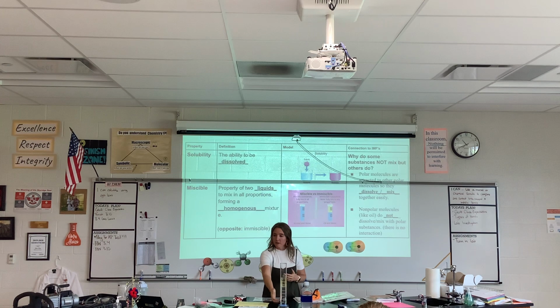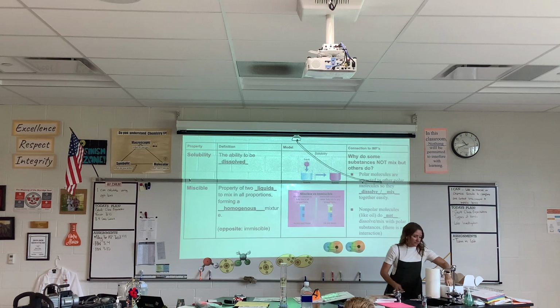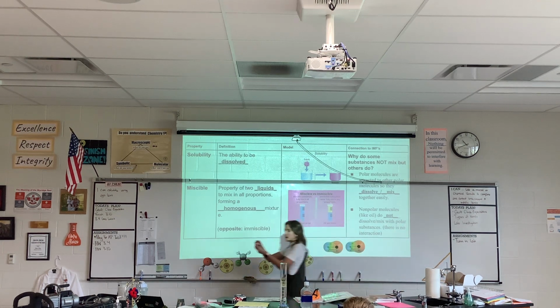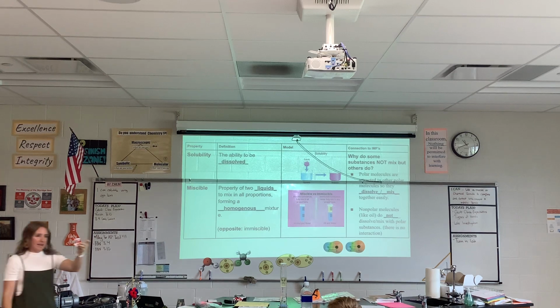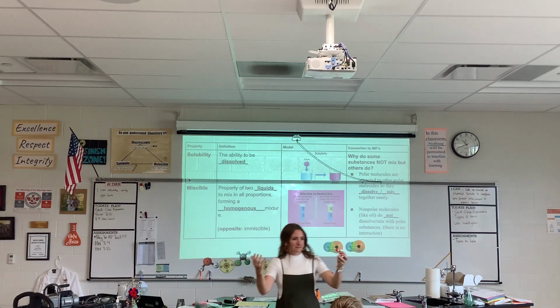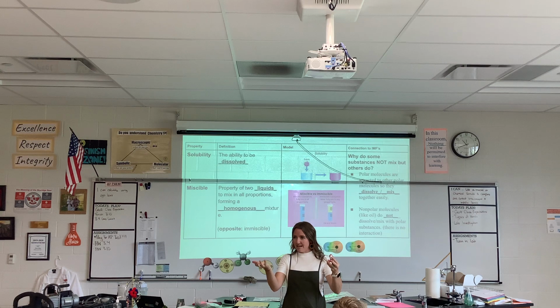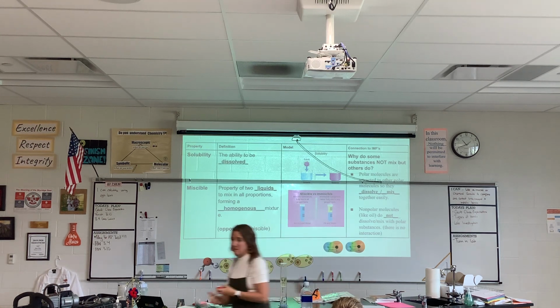Water is very polar, right? Has hydrogen bonding, dipole, London. Oil only has London dispersion forces. The idea here is that the water, because of its forces, is holding on to itself, right? They're good buddies. Strong friendship force going on. Oil has completely different forces, London. If they're going to interact, there has to be something that's going to attract them to come together, meaning their forces have to be similar.